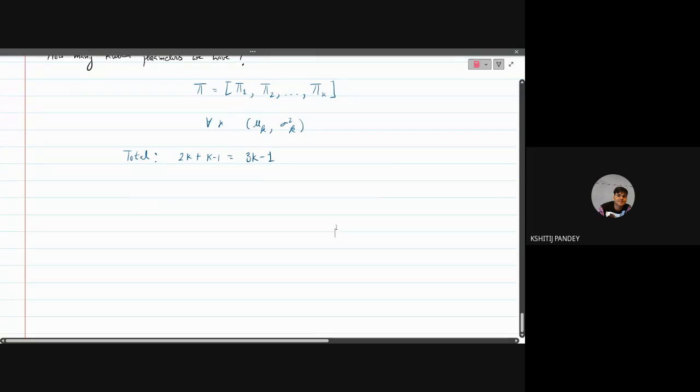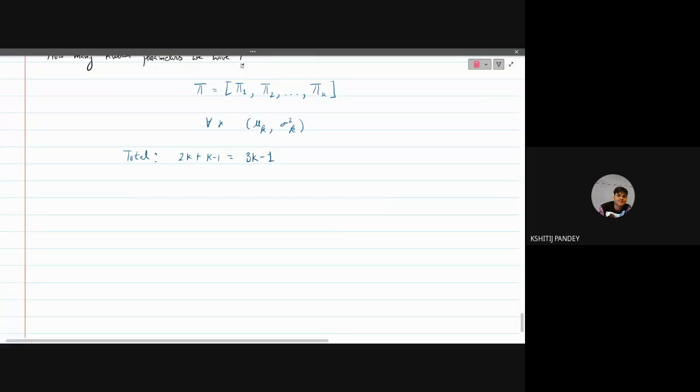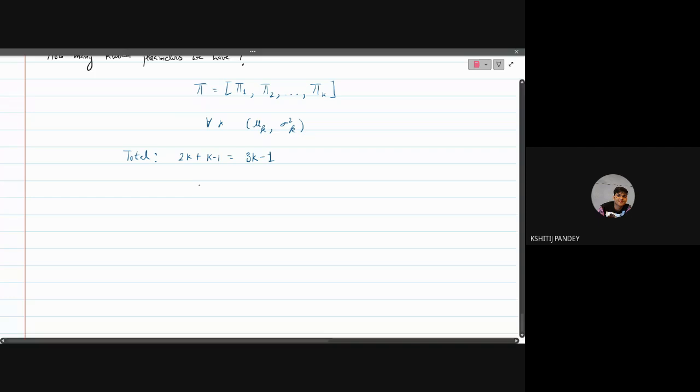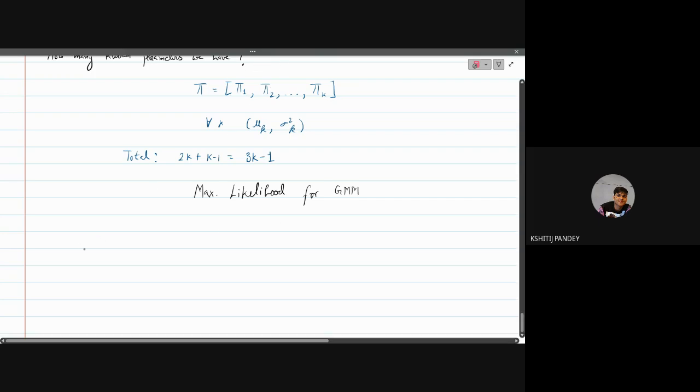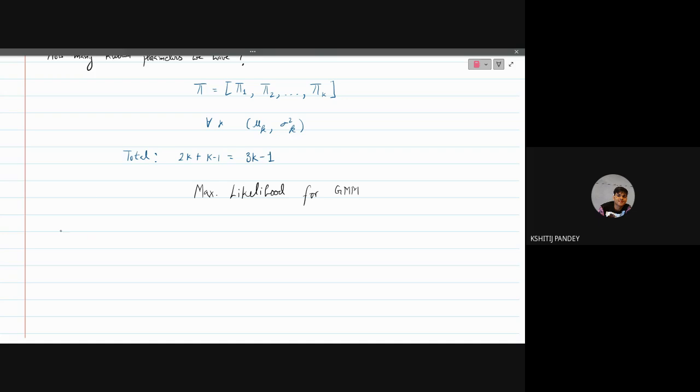So now let's look at maximum likelihood for this GMM. Your likelihood function will take in all the data points and the candidate parameters.